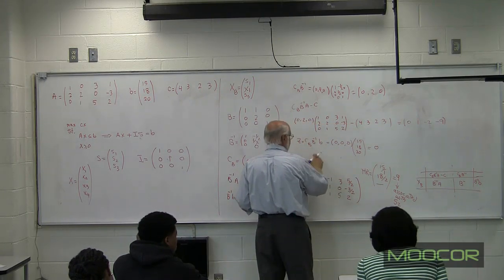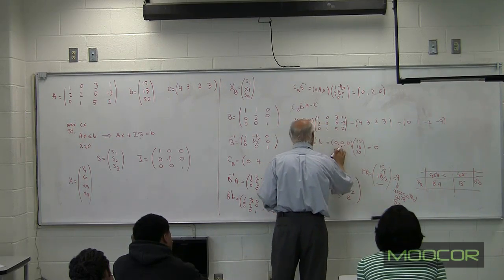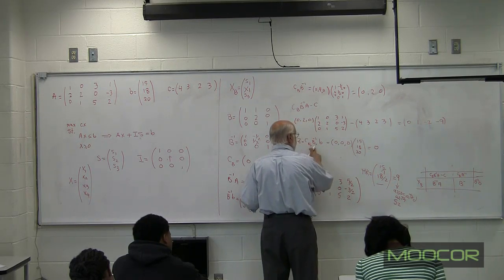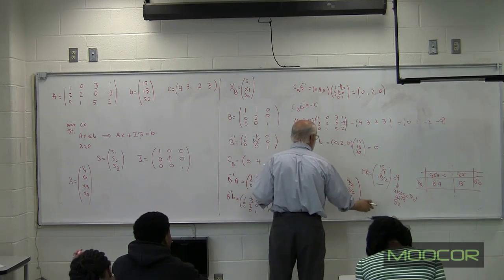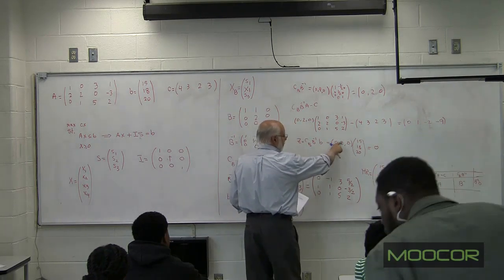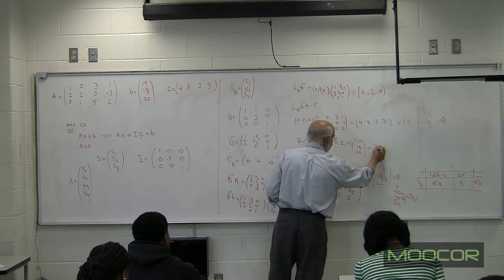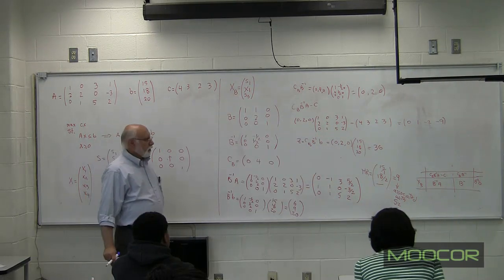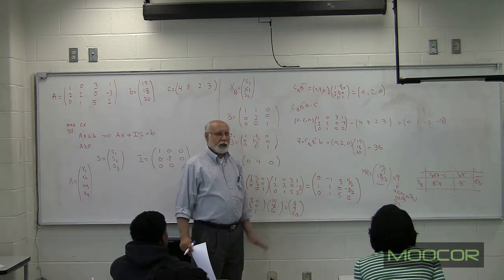And if I multiply this, which is the CBB inverse, by B, I will get 2 times 18, which is 36. At this stage, I have done all the required calculation.